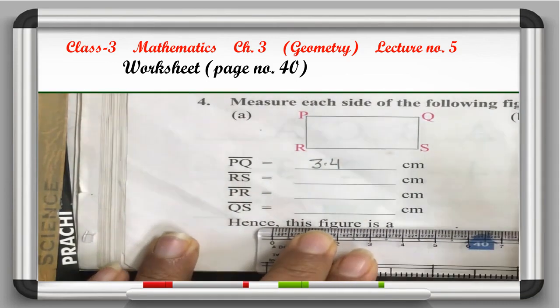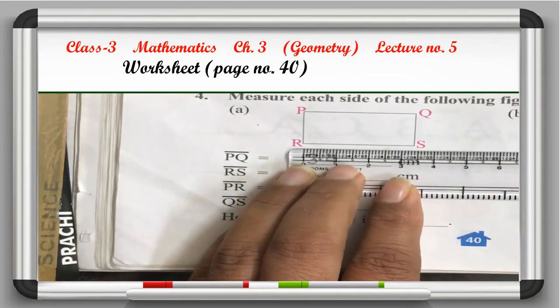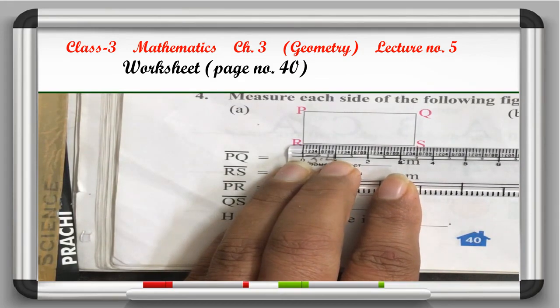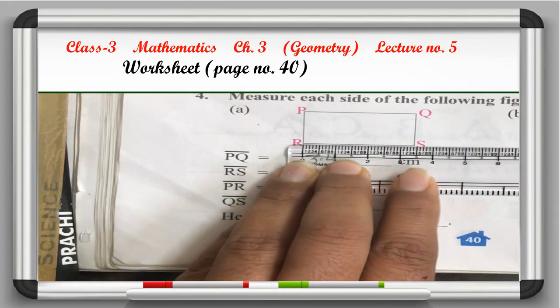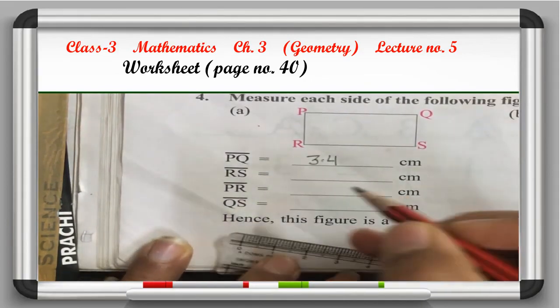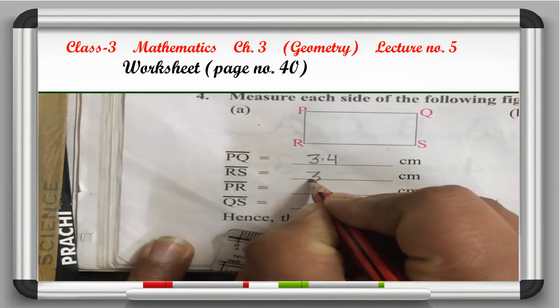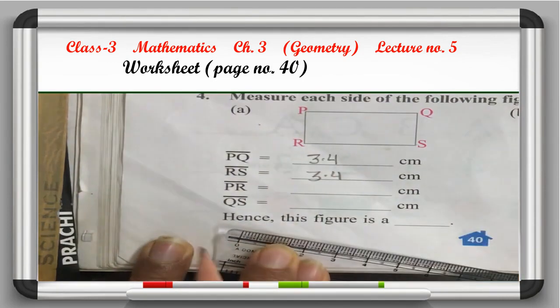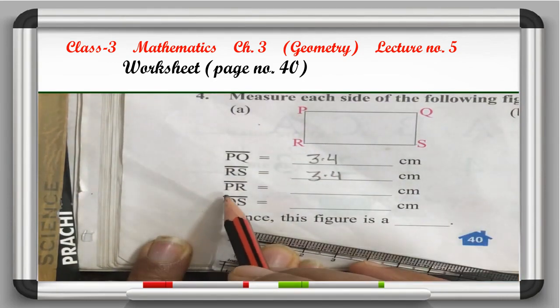Okay. Now the next one is RS. So now we will measure the length of line segment RS, and the length of this line segment RS is equal to 3.4 centimeter. Now we have to find out the length of PR.